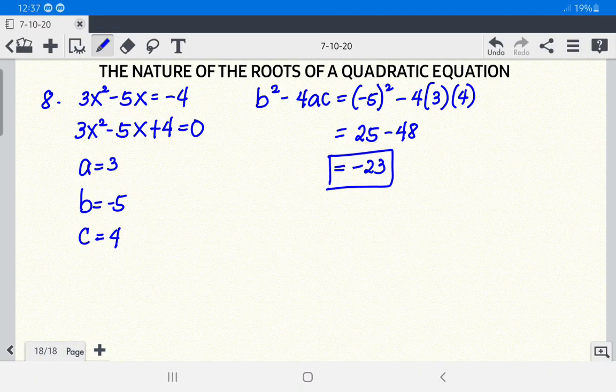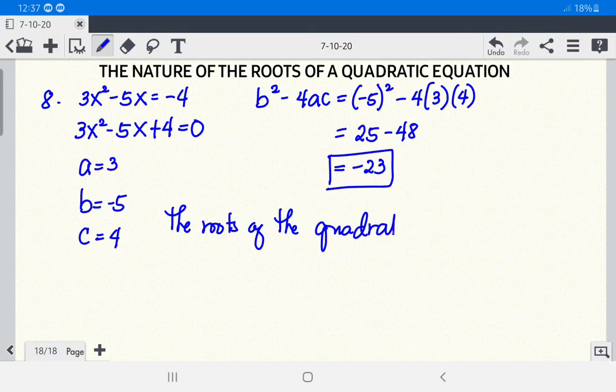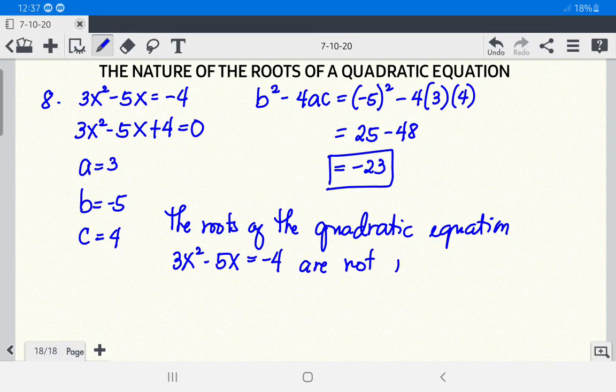So, negative 23 is less than 0. Here we can say that the roots of the quadratic equation 3x squared minus 5x equals negative 4 are not real numbers.